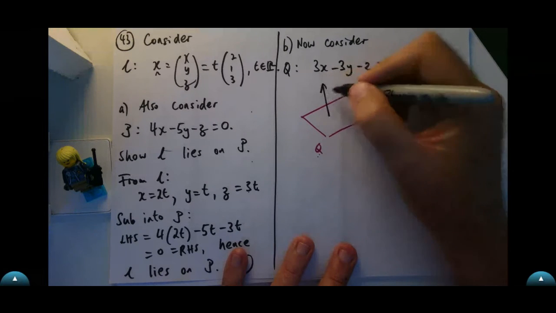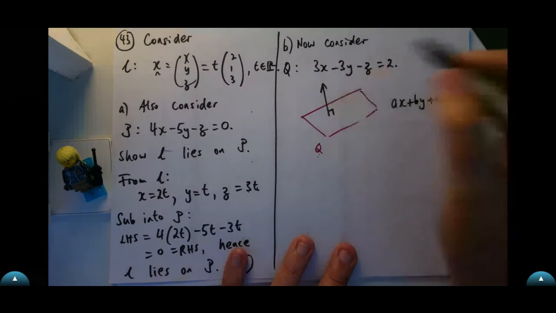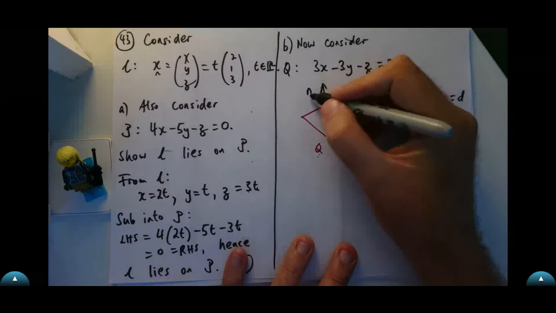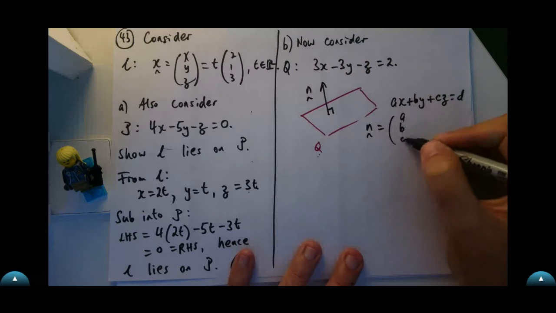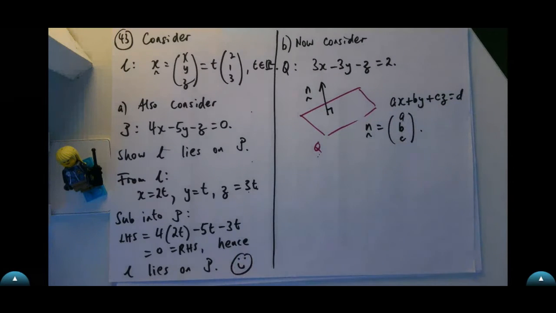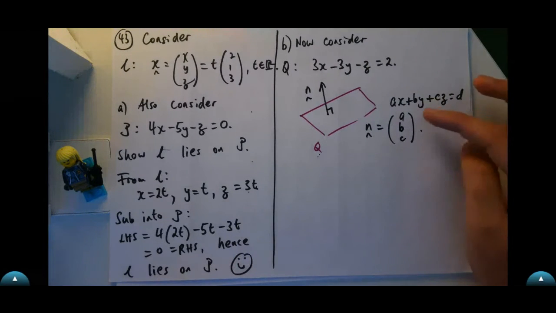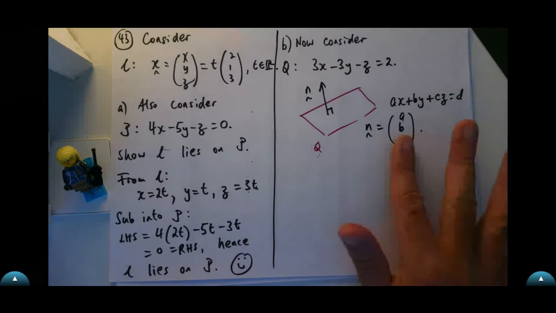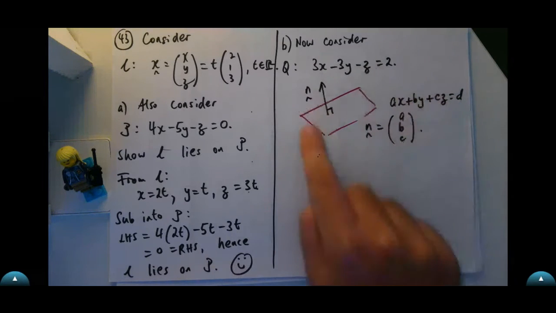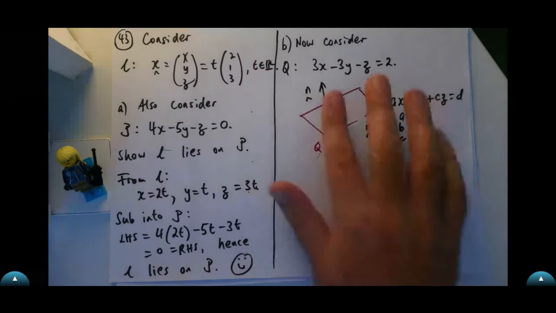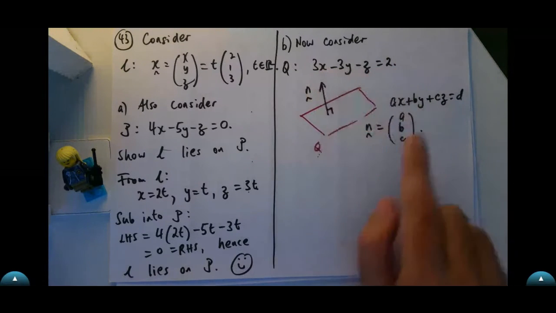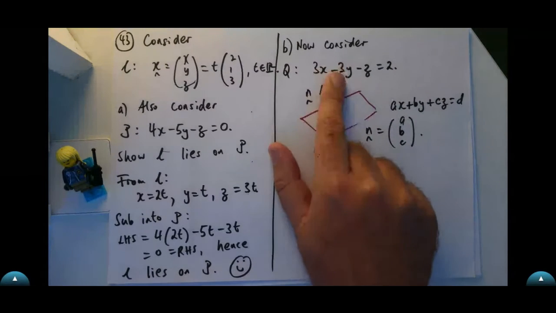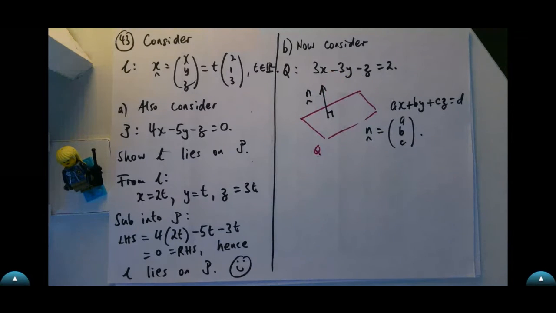Okay, so let me know if you've seen this in lectures. If you haven't seen it yet, you will see this. Okay, and this is just a quick way of solving this problem. Okay, so in this setup, what is a normal vector going to be? Well, it'll be 3, negative 3, 1. Okay.